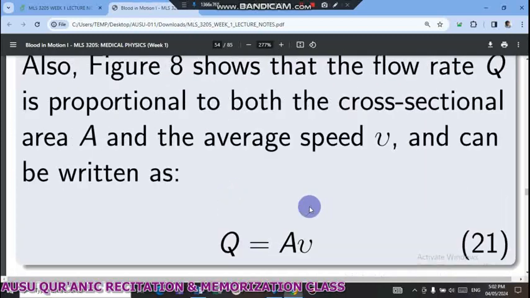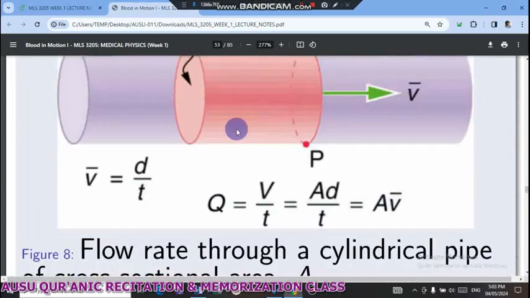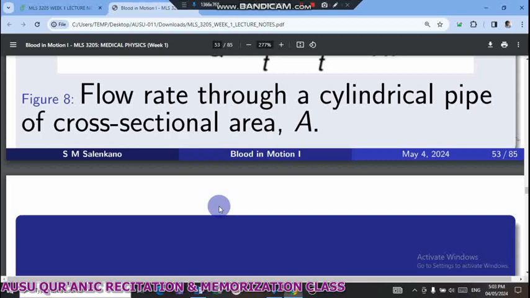Remember, we have two formulae for flow rate. The first one is Q is equal to V upon T. So if I am given the volume of the liquid and the time it takes to flow, I can divide that volume by T to get the flow rate.